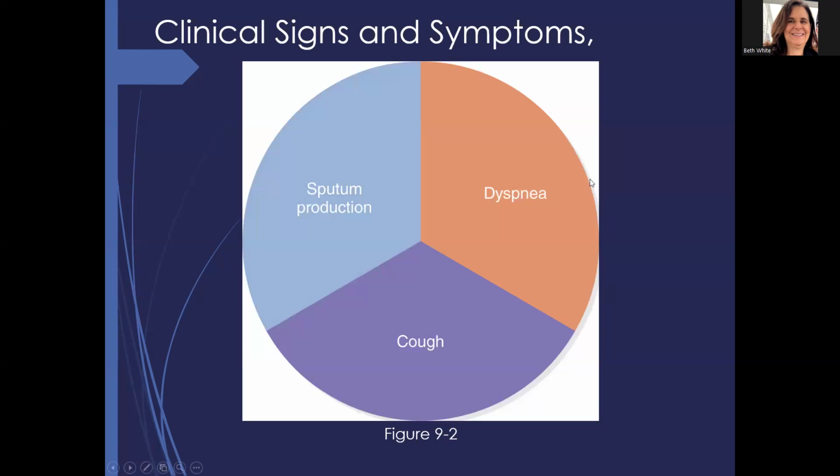These COPD patients have all 3 of these things, and one may be a little bit more than the other. They may have more shortness of breath than they have sputum production. They may have more cough than they have shortness of breath, but they will have all 3 of these components that make up the disease.